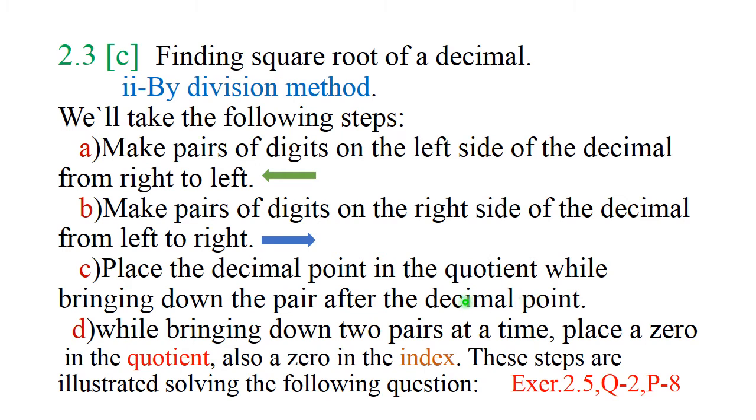D. While bringing down two pairs at a time, place a 0 in the quotient, also a 0 in the index. These steps are illustrated by solving the following question taken from exercise 2.5, question 2, part 8.